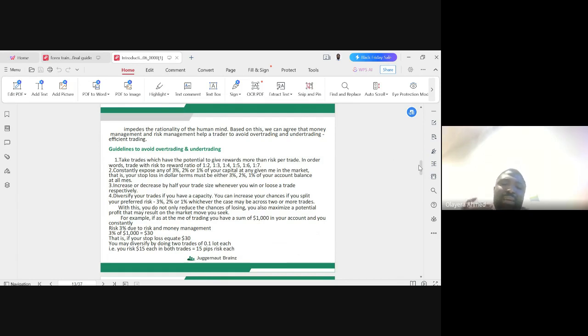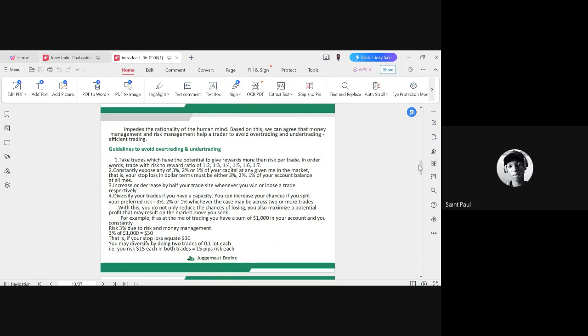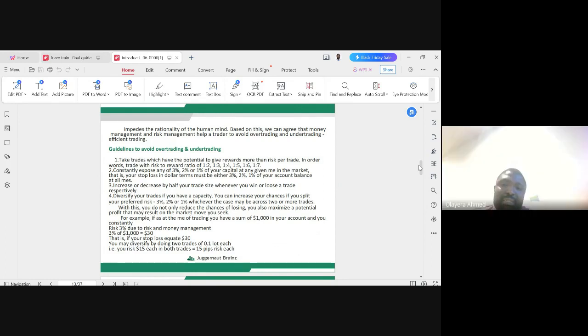Meaning that you should trade in a manner that whatever you want to lose is a fraction of what you want to make. You understand? Because there's something we call risk to reward ratio.